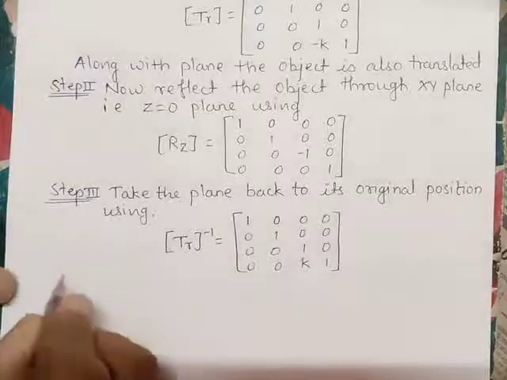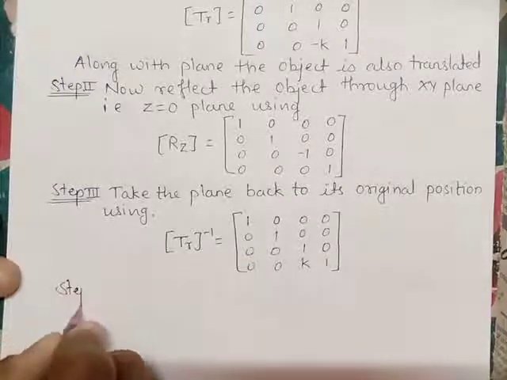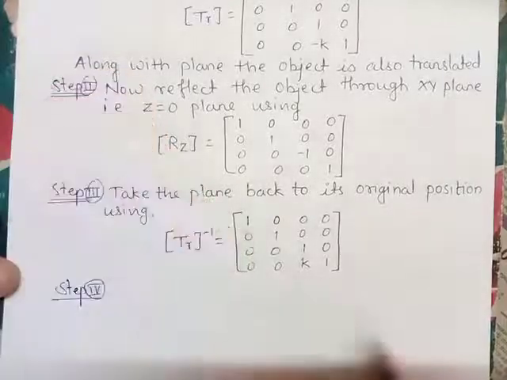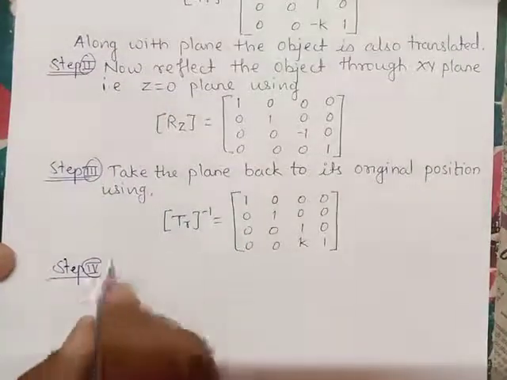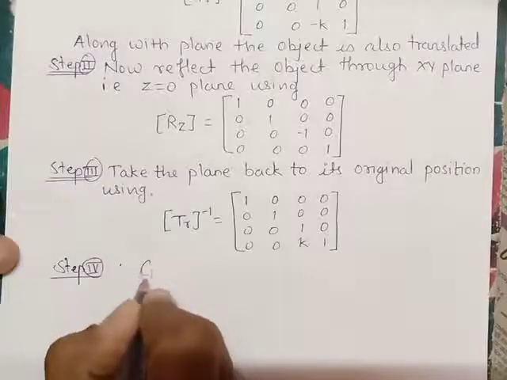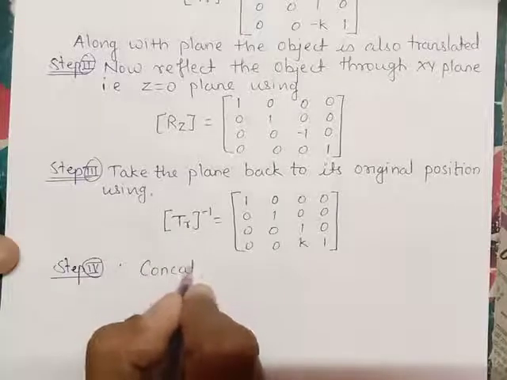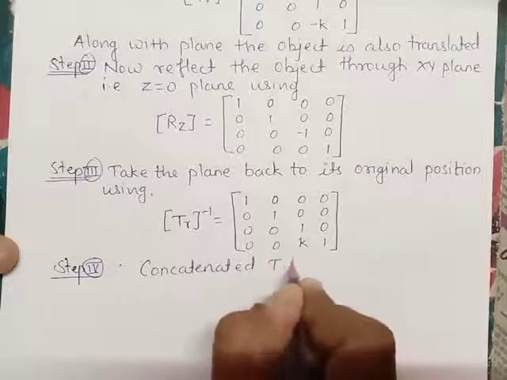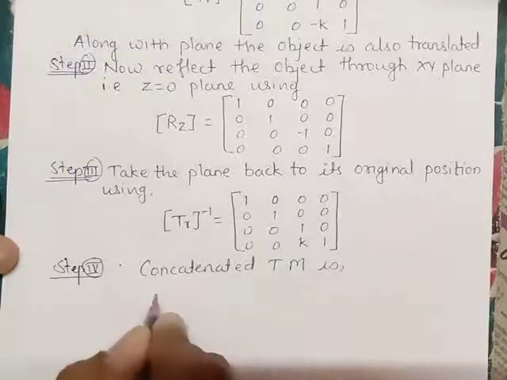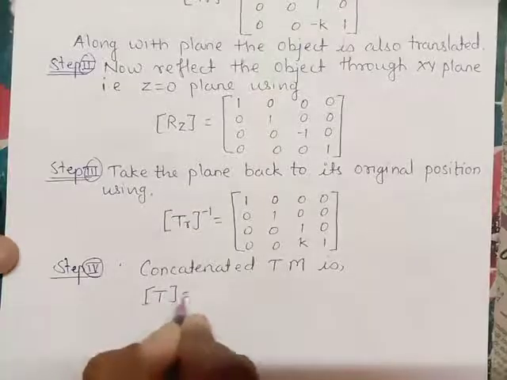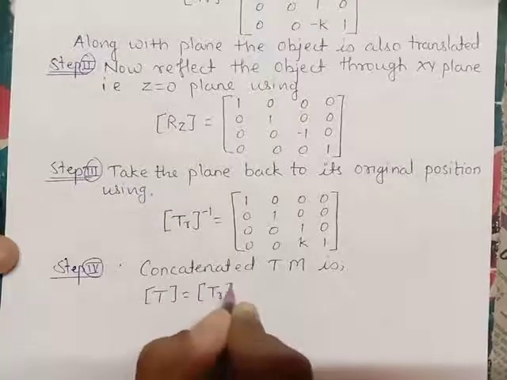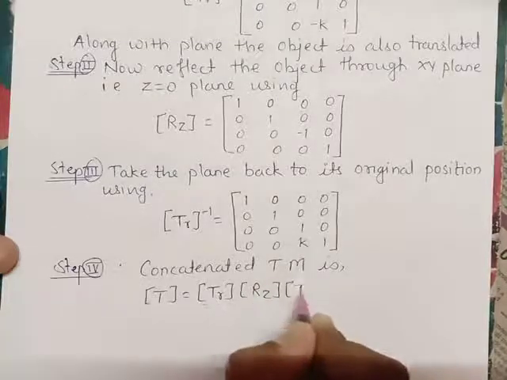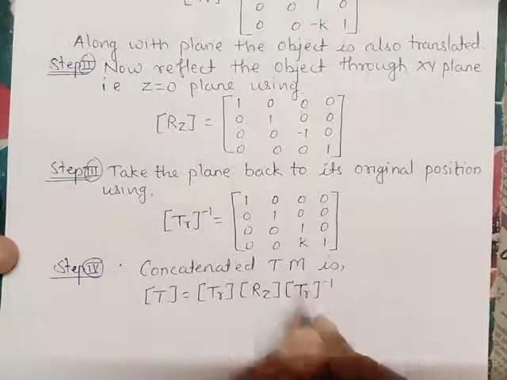Therefore, what is step 4? Step 4 is the concatenated transformation matrix. It is T equal to translation into reflection into inverse translation, right?